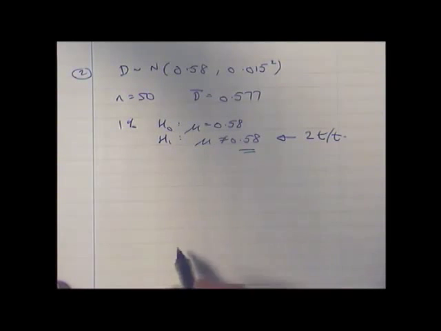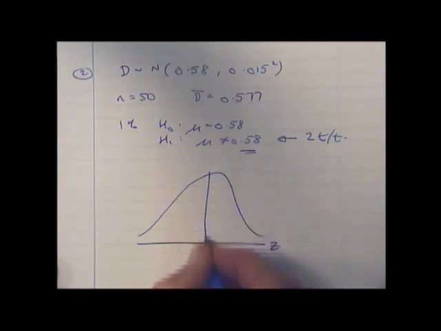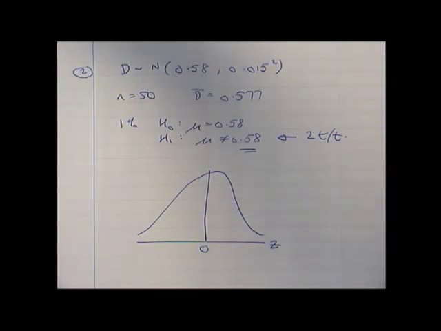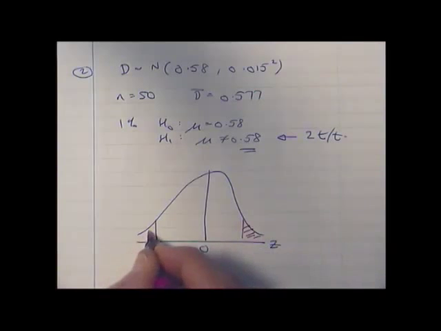So what I'm going to do now is just sketch my Z curve. 0 here. This is a two-tailed test, so I'm interested in areas at both of these ends. How much area should there be in each of these shaded bits here? Look very carefully at the significance level of this question.